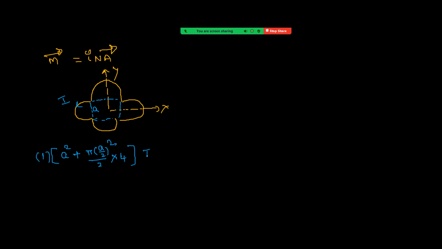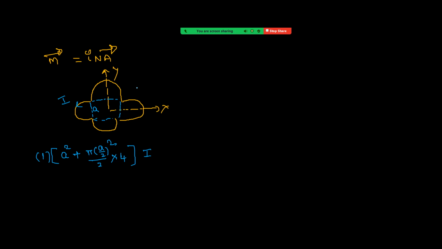Now focus on direction part. Current is given anti-clockwise. So take your right hand and curl fingers anti-clockwise. Then thumb will be pointing towards us.